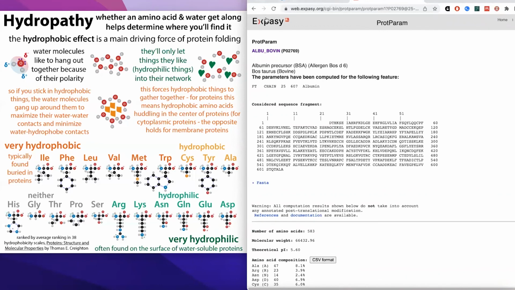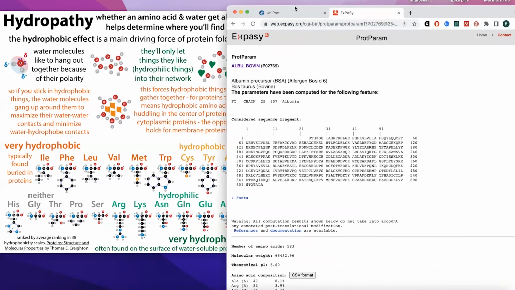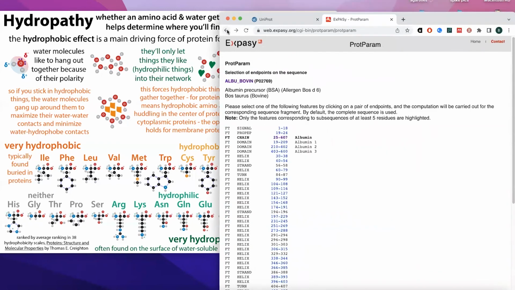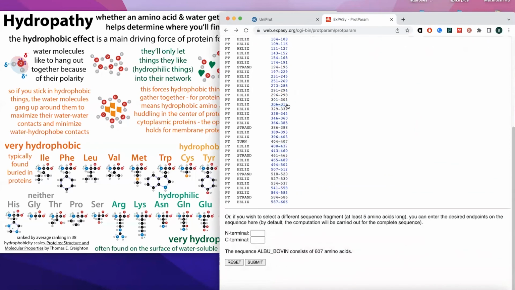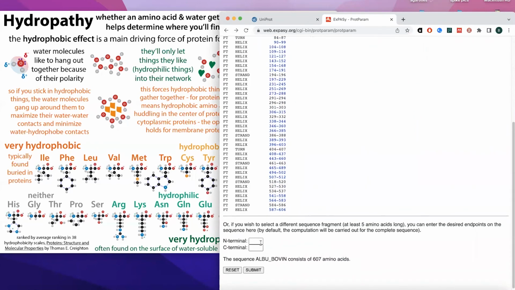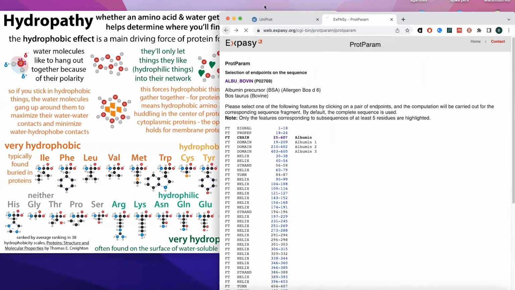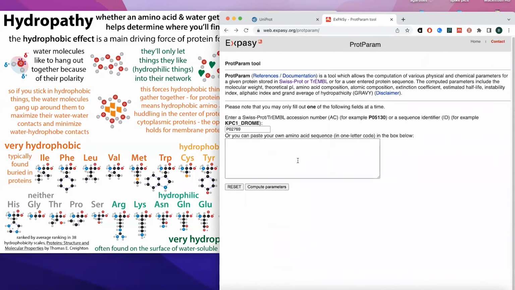Another thing: we were using the accession code, and we could also select the endpoints on the sequence, or use a different terminal. We could also just copy and paste our own sequence in here.